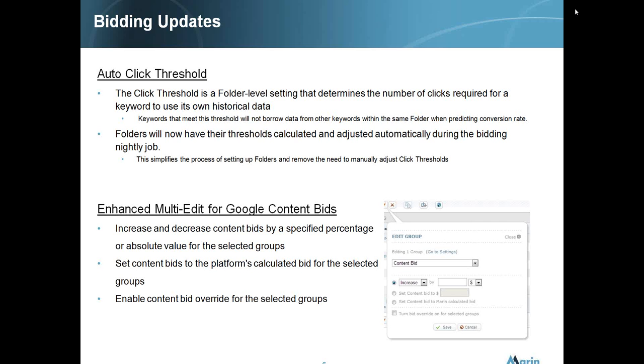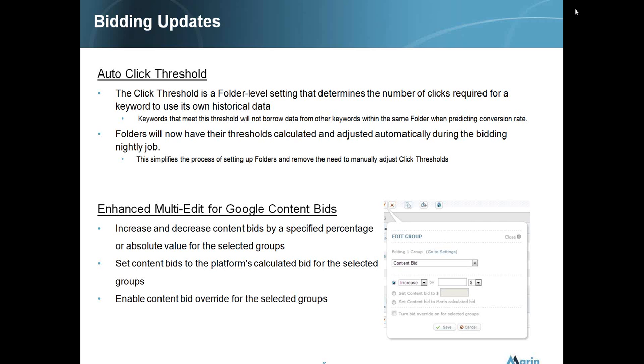In the past, this has been a manual update, often requiring conversations between our clients and an online marketing manager to update this depending on the folder conversion rates on the back end. So what we've done is made this threshold update automatic.